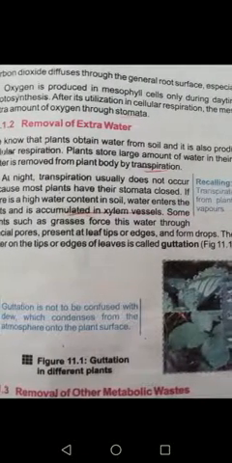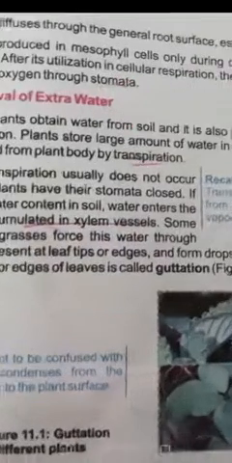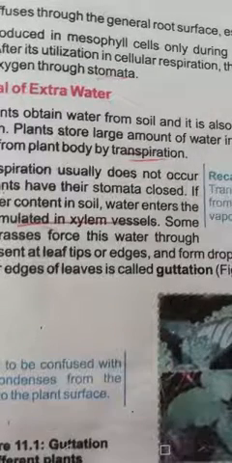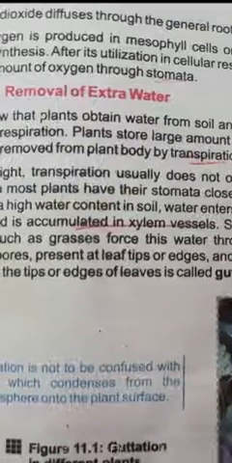We have discussed transpiration in our previous class. Transpiration is the removal of water from the plant surface in the form of water vapors. So through water vapors through stomata, plants remove their extra water.